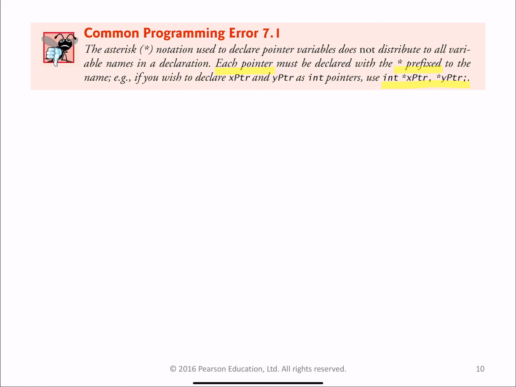So as an example, if you actually wanted to declare two integer pointers, the correct way to do that would be something like this. int asterisk x pointer, comma, and then comes the second pointer, asterisk again, y pointer. So you have to put the asterisk in front of each pointer variable that you're declaring, not just the first one.